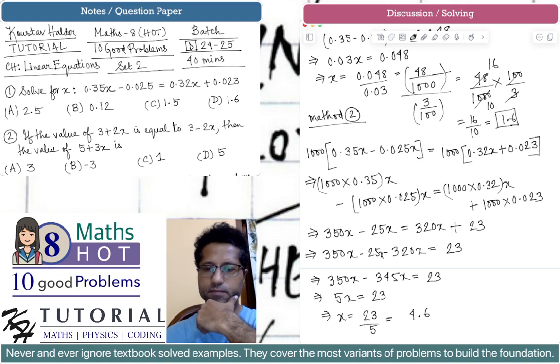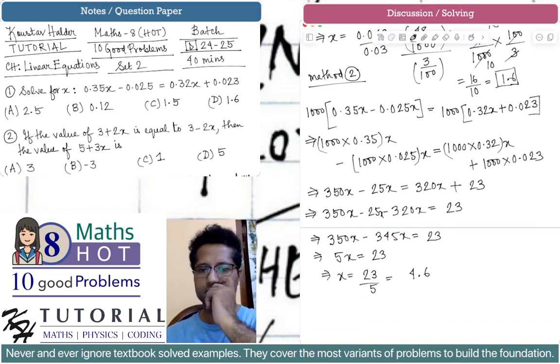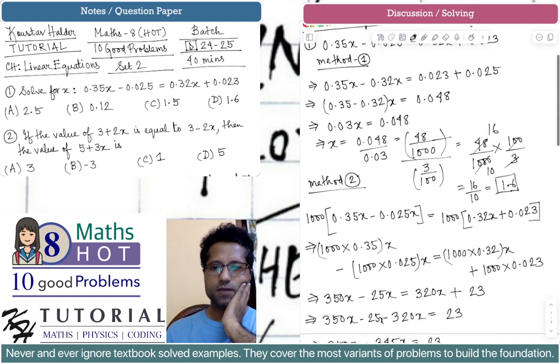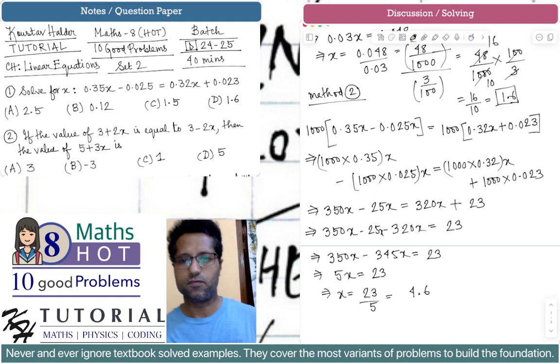Now we have 350x minus 25x minus 320x is equal to 23, and 350x minus 345x is 5x, so x is equal to 23 by 5, 4.6. Why am I getting 4.6?